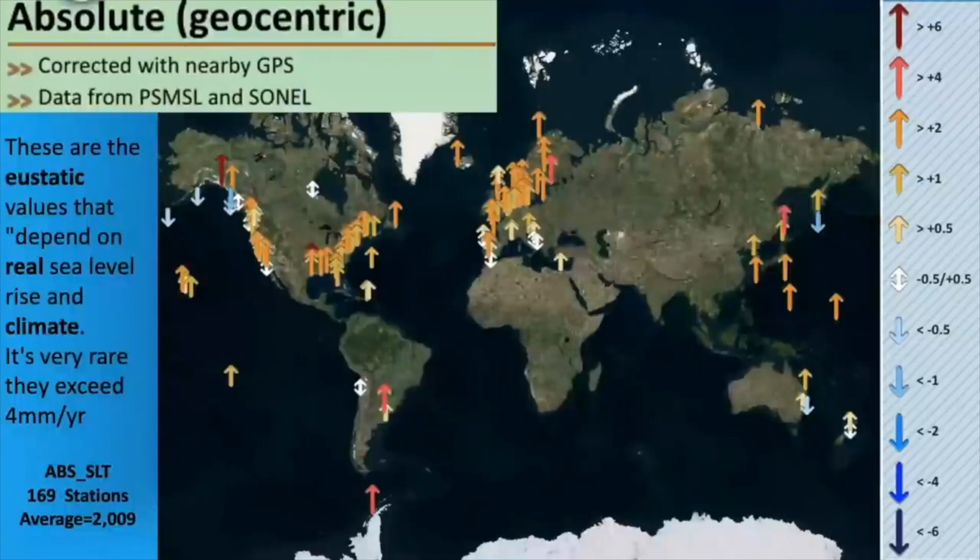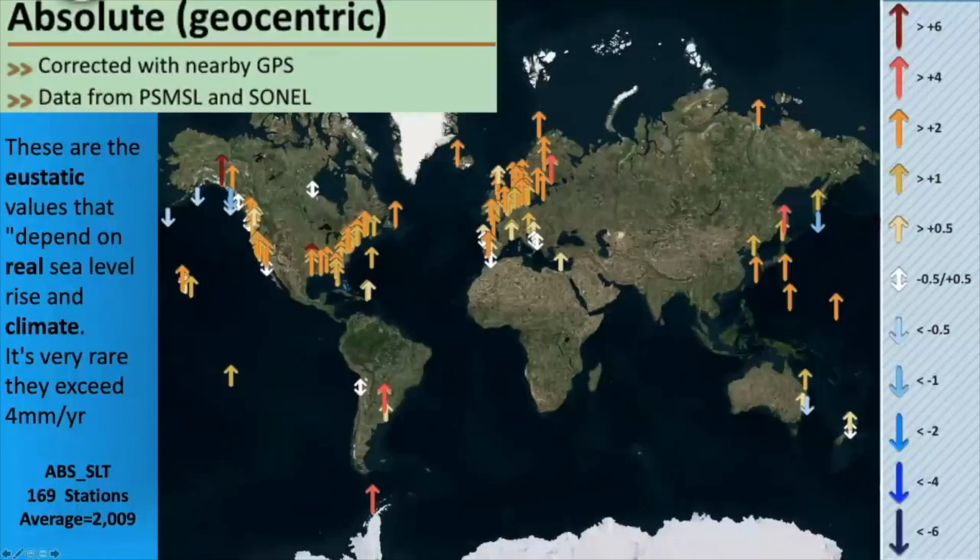Looking around all the Earth, you can see the places where the absolute sea level, and I must make a parenthesis to say that absolute sea level is what must bother us, because if land is going down, we can do nothing about it. But what we must be afraid of is if the sea level is really going up, because it can make erosion, it can destroy our coastal towns.